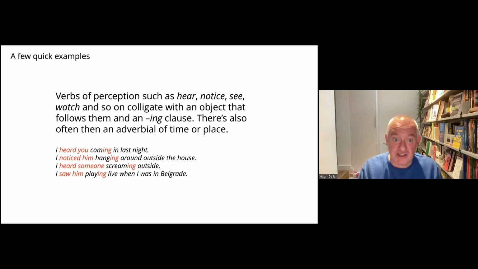They're often followed by an object, then an ing clause, and after that, adverbials of time or place. So you get patterns like, I heard you coming in last night, drunk, 3 o'clock in the morning. I thought it was strange.